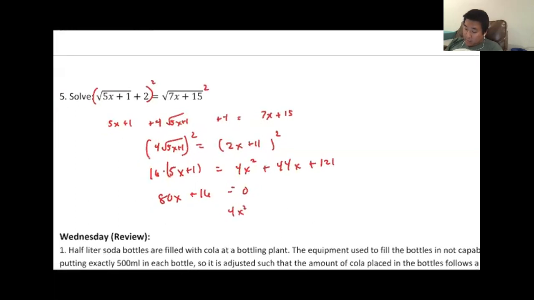4x squared minus 44x minus 16, that's just gross.